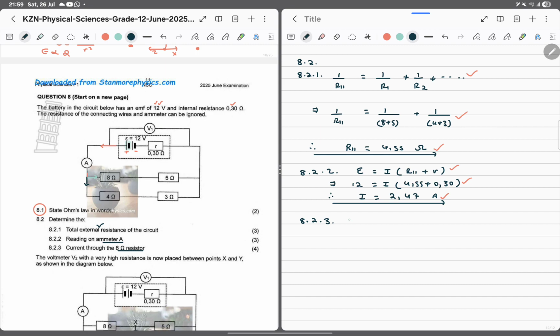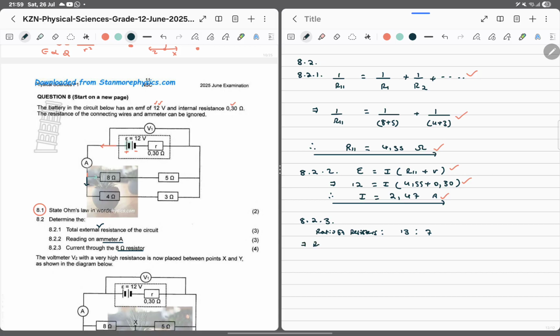So we know that for resistors in parallel, the ratio of resistors is going to be 13:7, right?